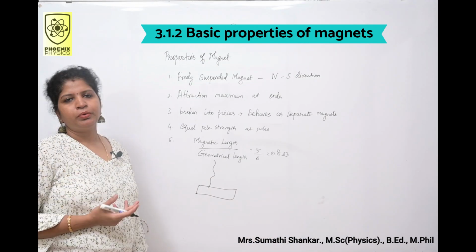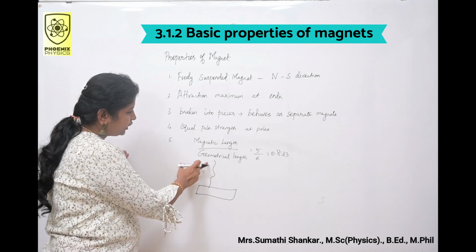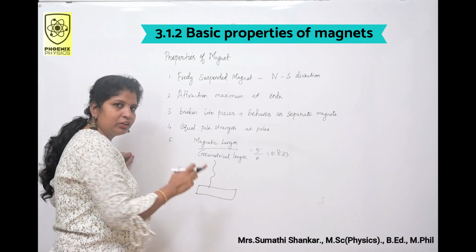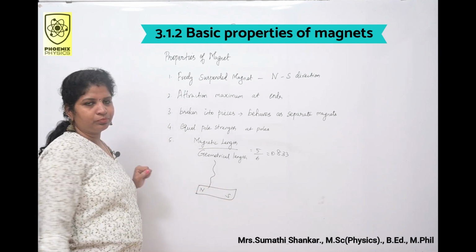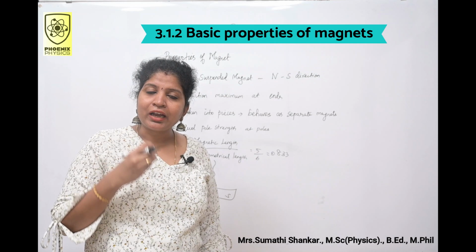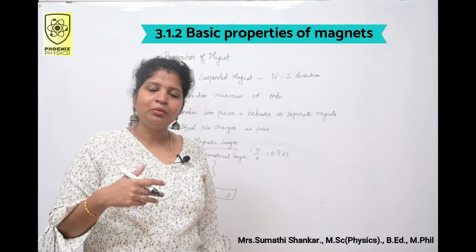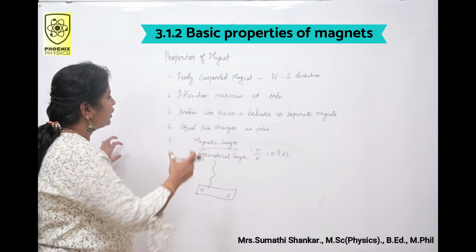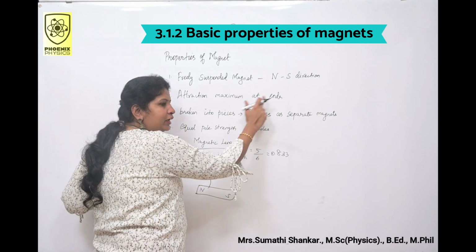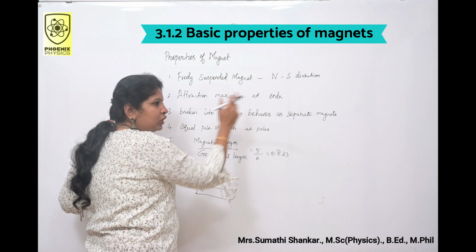Next one is properties of a magnet. A freely suspended bar magnet will always point north-south direction. You know that magnets attract another magnet or magnetic substance. The attractive force is maximum at the ends of the magnet.